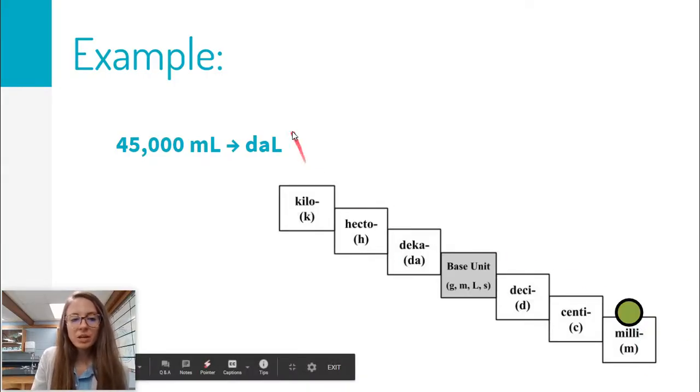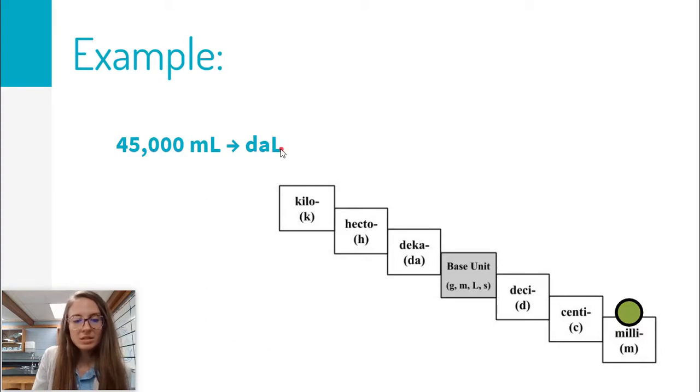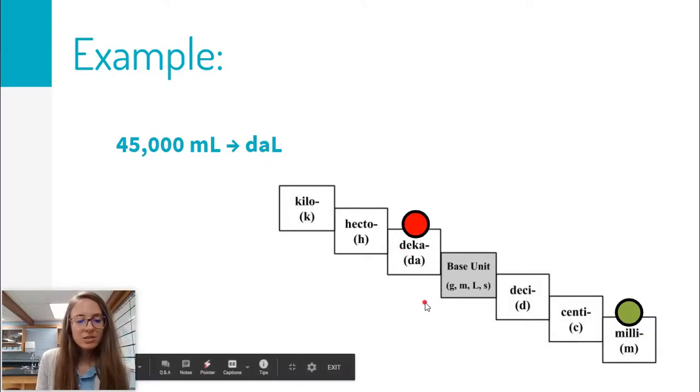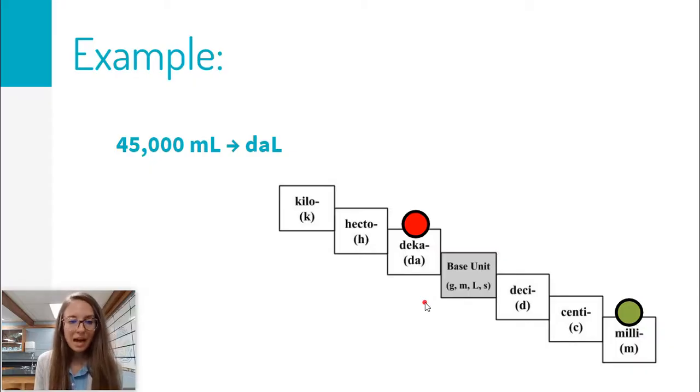To figure out which stair we stop at, you cover up the L of the ending unit. Whatever is left, the DA, you find on the stair. That is for deca, so that's where you are going to stop.